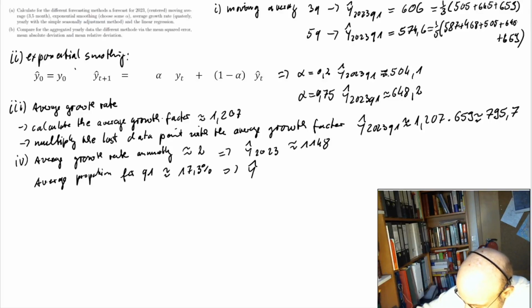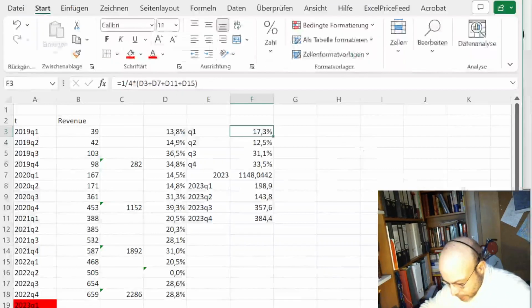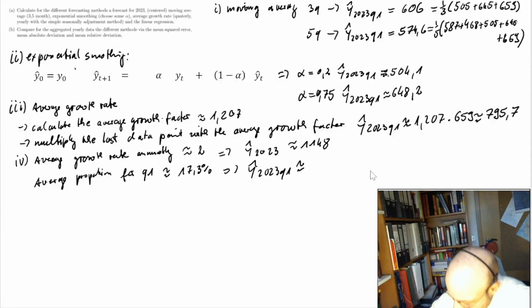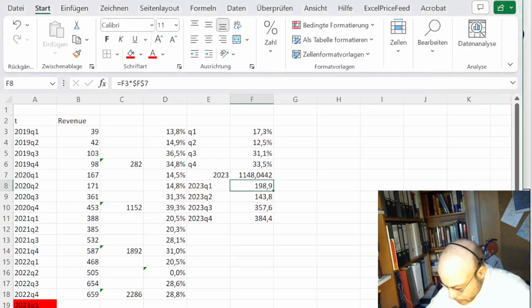So y hat 2023 Q1 would be roughly 198.9.